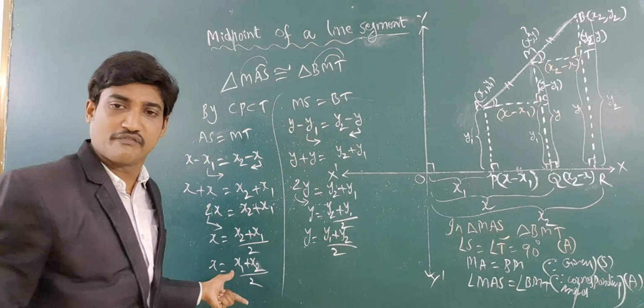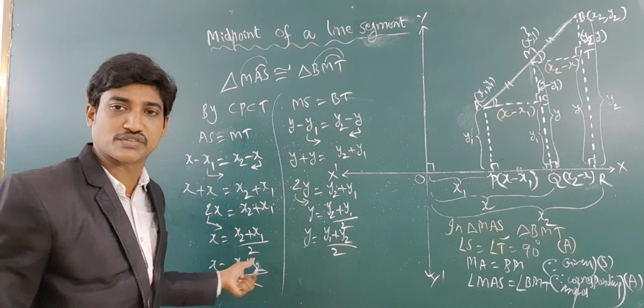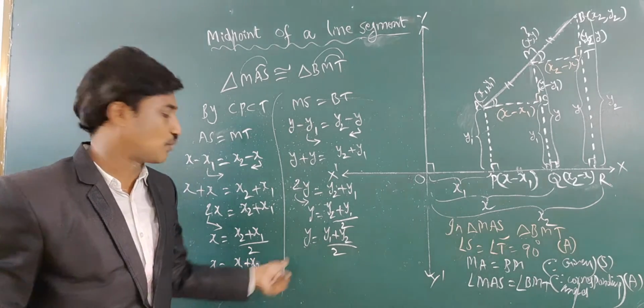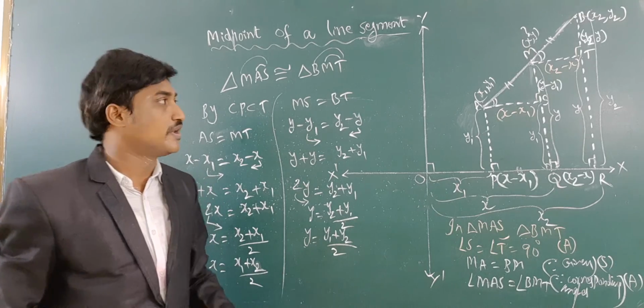So the midpoint x coordinate we got is (x1 plus x2) by 2, and the second coordinate is (y1 plus y2) by 2.